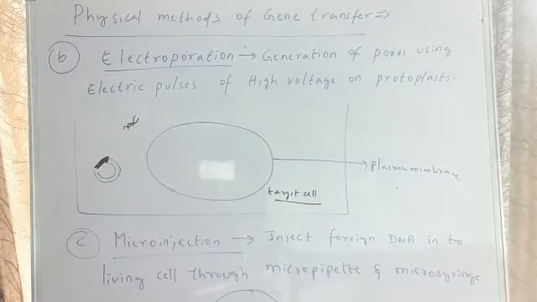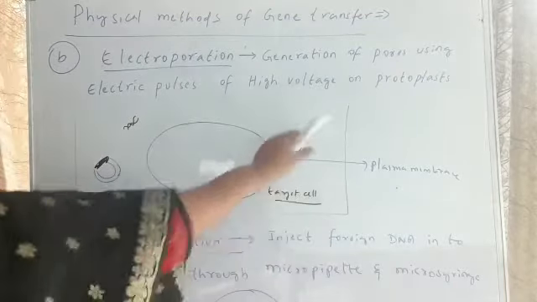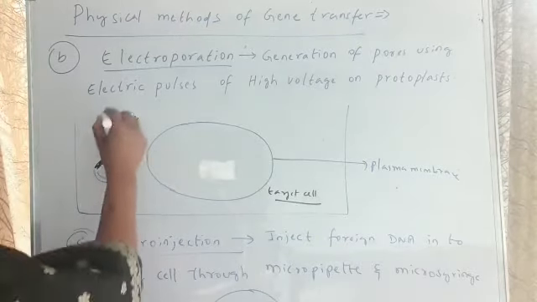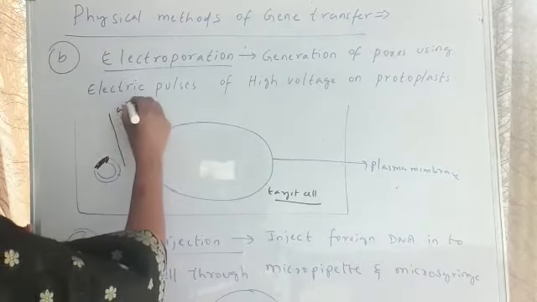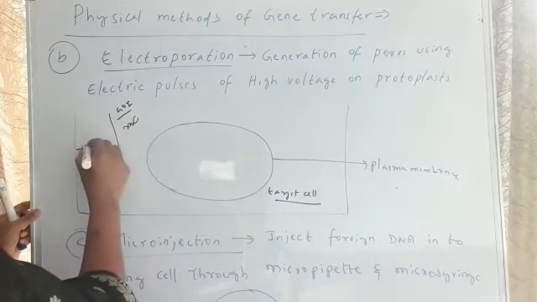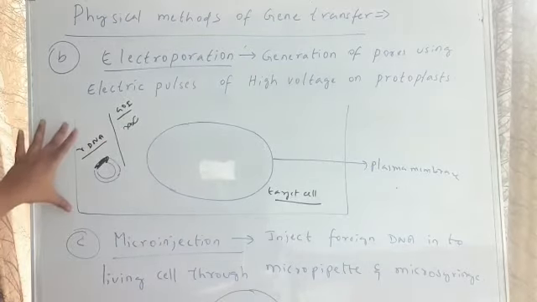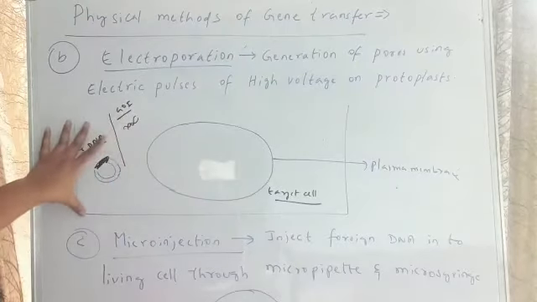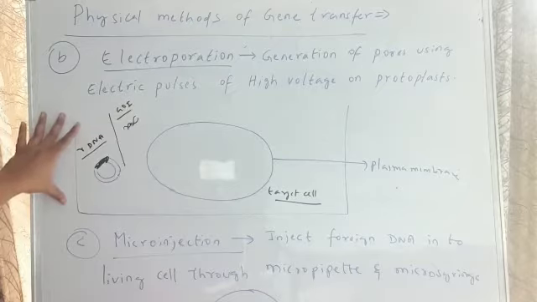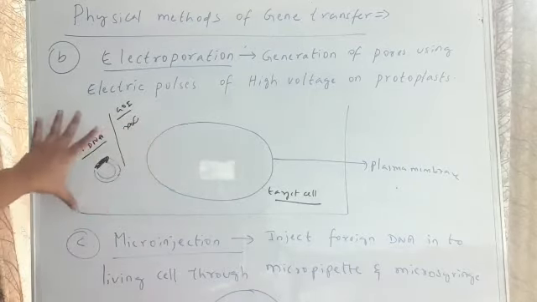Now what we do is, we keep this cell in a medium containing either recombinant DNA, or you can directly take the gene of interest. On this we apply high voltage electric pulses.